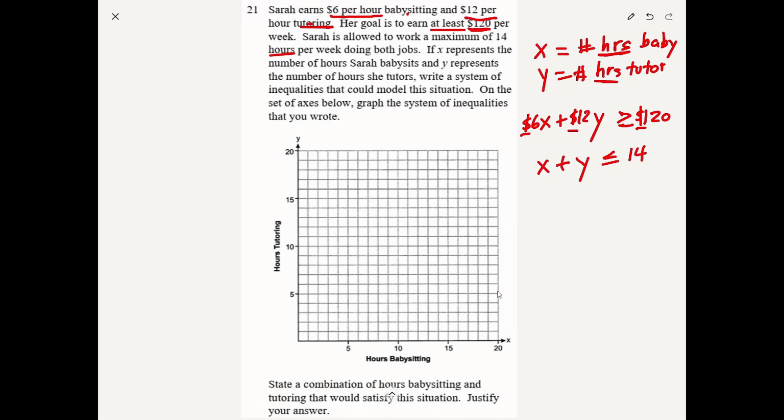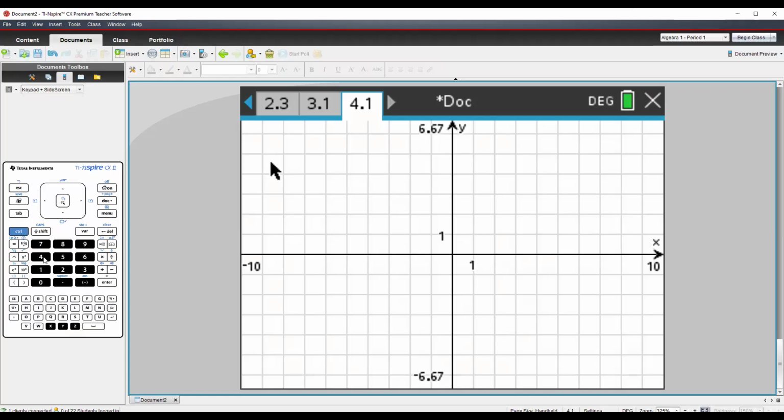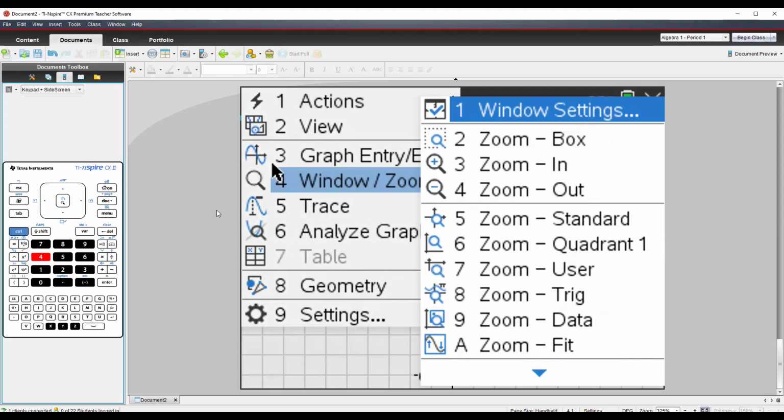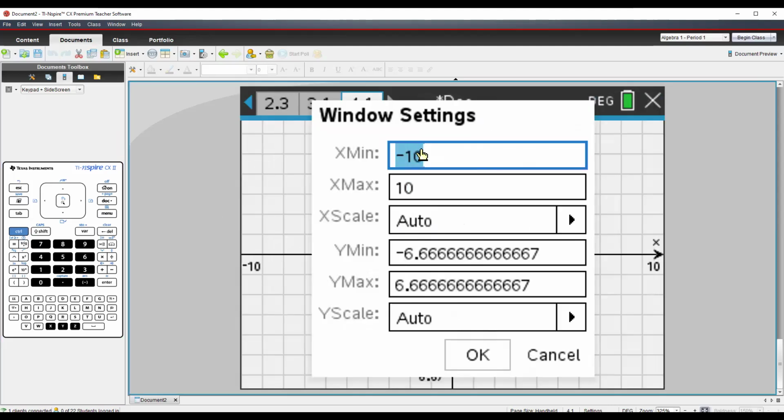So I'm just going to go get my calculator now, and I'm going to change the window. I'm going to go menu 4, which is Window, and then Window Settings, and I'm going to change this from 0 to 20, because I can go a max of 20 hours, and then 0 to 20 hours of tutoring, and then I just press enter.